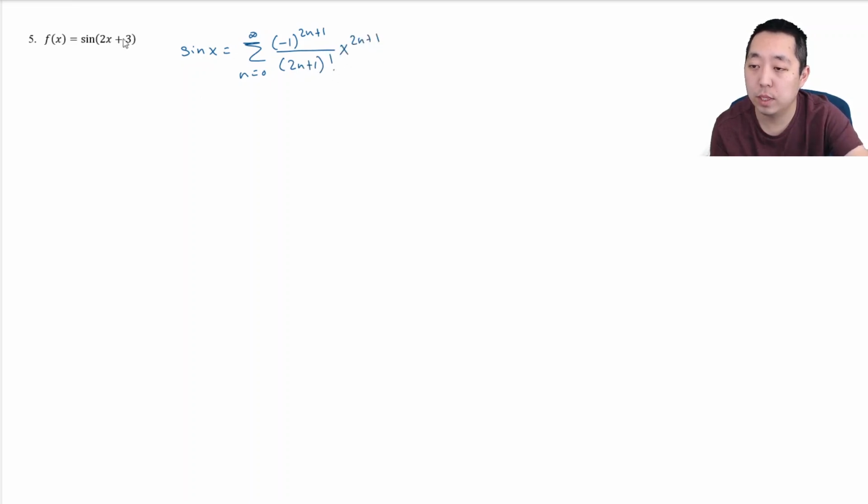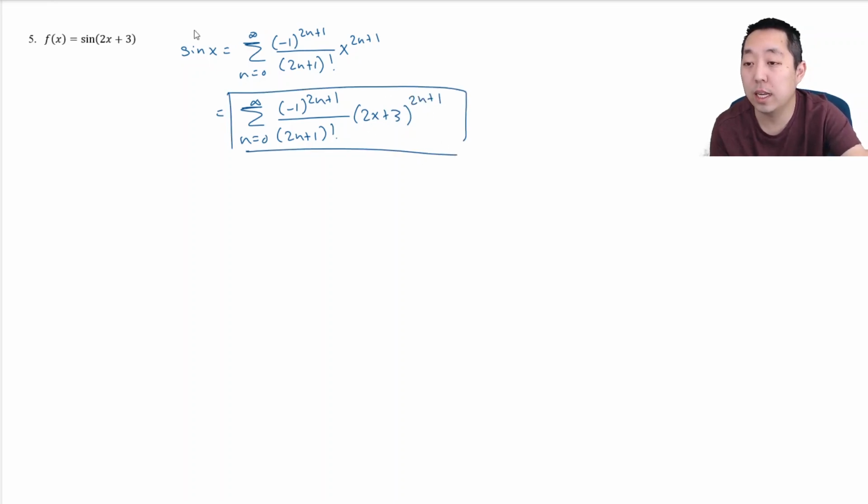But this time I'm going to replace x with 2x plus 3. Like that. And because sine has infinite radius of convergence, so does this one.